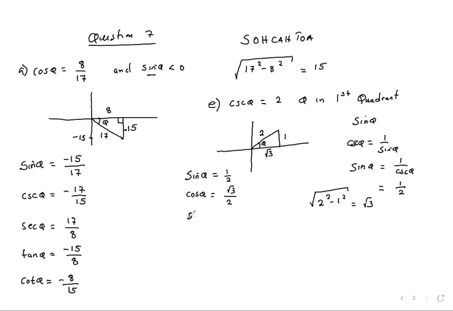Then we go to sec, which is 2 over root 3. Then we go to tan. Tan is just opposite over adjacent. Opposite is 1. Adjacent is root 3. Cot is 1 over tan, so it's root 3 over 1. Again, we have 1, 2, 3, 4, 5. The question is done.